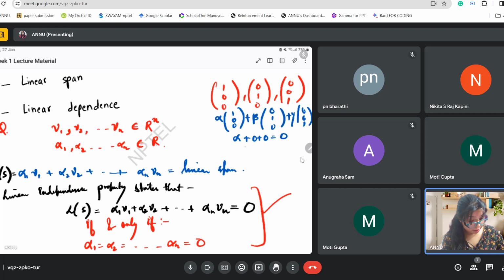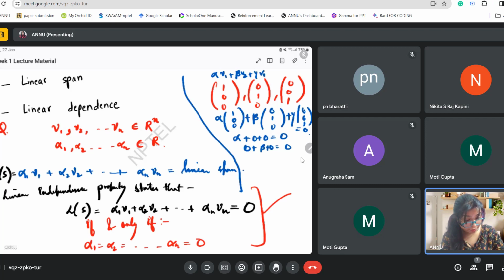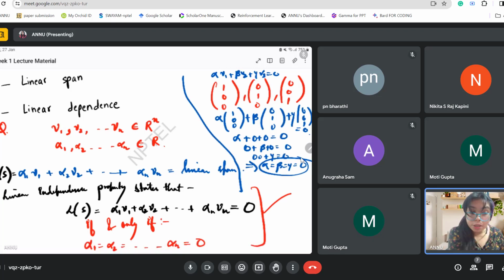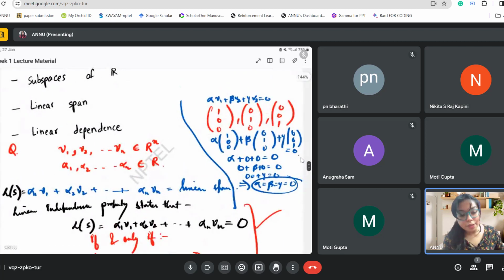Then 0 plus beta plus 0 is equal to 0. Then, if you equate alpha v1 plus beta v2 plus gamma v3 to 0, then 0 plus 0 plus gamma is equal to 0. This implies alpha equals beta equals gamma equals 0. So it means that these three vectors are linearly independent. That is, it is equal to 0 if and only if alpha equals beta equals gamma equals 0. So this is the meaning of linear independence, and the opposite is for linear dependence.